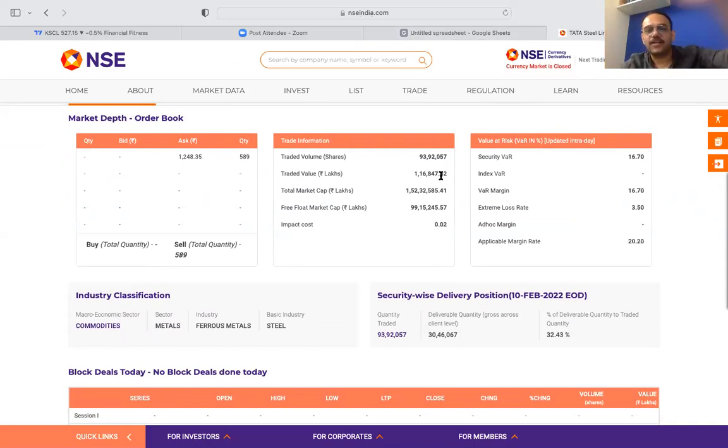Converted to crores, it is 1,168 crore rupees worth of trading that happened only in Tata Steel today. So that is the amount of money there is in the stock market. There's huge money in the stock market.